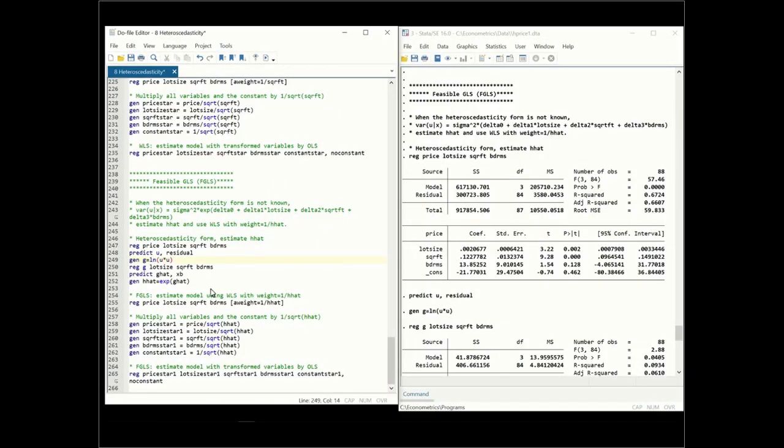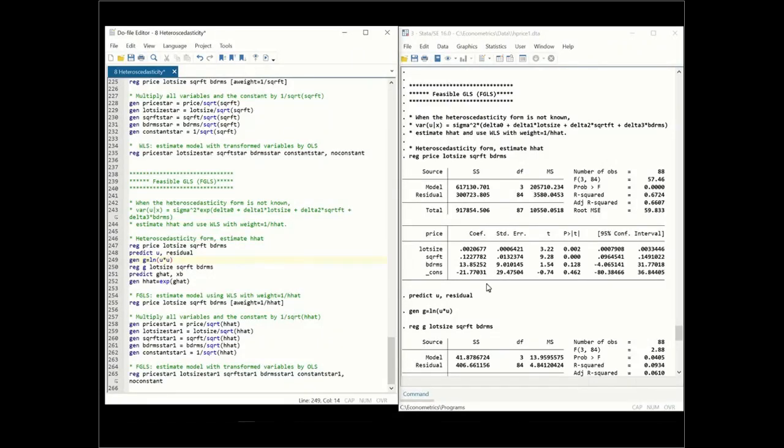Now that we calculated this h hat, it will be the same thing as our square footage variable from before. So we would run a feasible generalized least squares, which would be a regression of price on the three independent variables, and here the analytical weight would be equal to 1 divided by h hat.